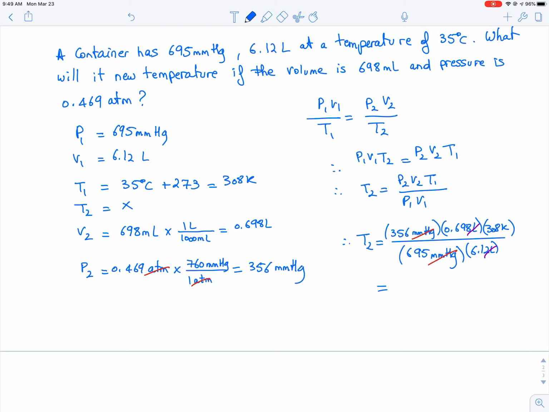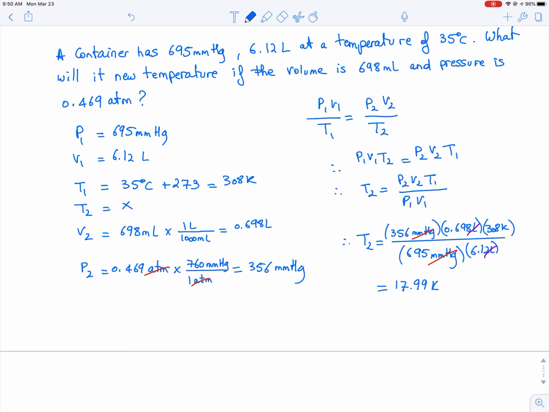So 356 times 0.698 times 308 divided by 695 divided by 6.12. And that is, calculator gives me 17.99 Kelvin.